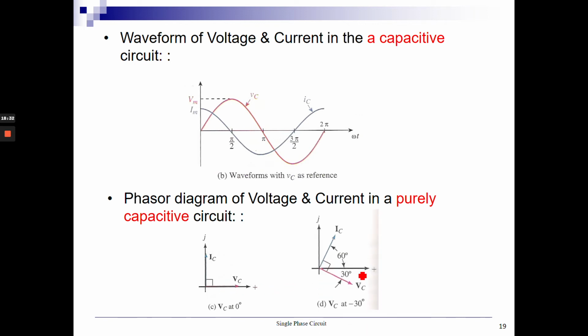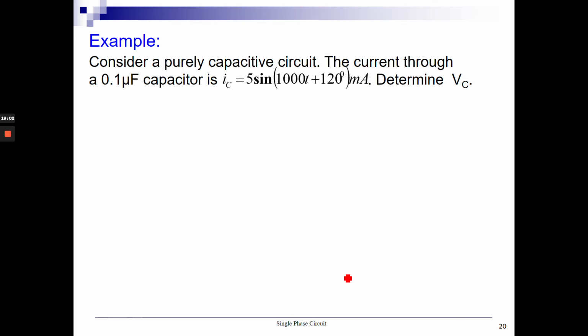This is another example where your VC, this one is VC at 0, and then this one VC at negative 30. So where your value of angle between x-axis for IC is 60. So 60 plus 30 is 90 degree.